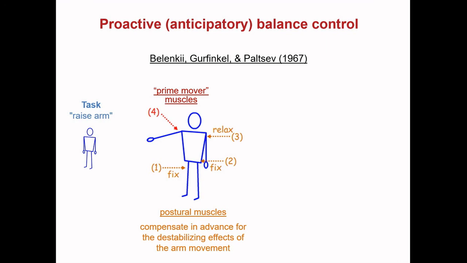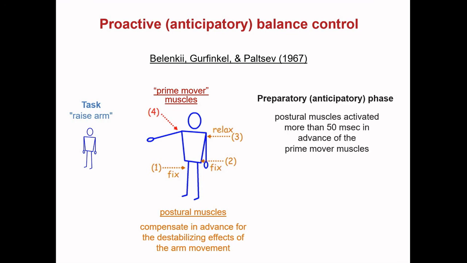We then see the activation of the muscles that are involved in flexing the shoulder. As in the last study, proactive balance stabilization is organized before the intended movement is performed. The activation of postural muscles that we are seeing here represents a preparatory phase to the movement.